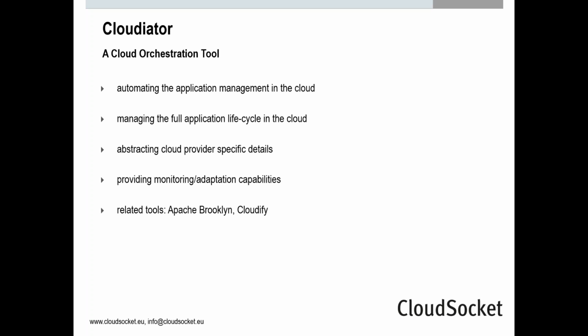As already said, it provides some monitoring and adaptation capabilities, and some related tools which you might have heard of are Apache Brooklyn and Cloudify, which basically operate on a different kind of models, namely the TOSCA model. And again, you can have a look at the CloudSocket deliverables, where you can as well find a comparison of Cloudiator in respect to Brooklyn and Cloudify.